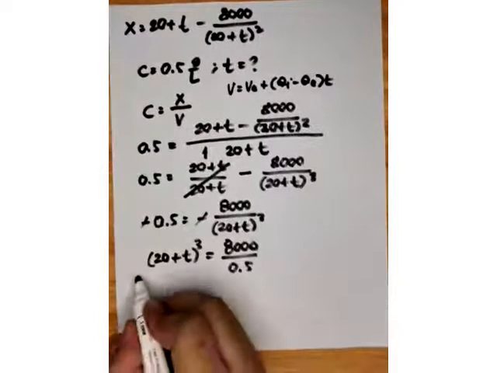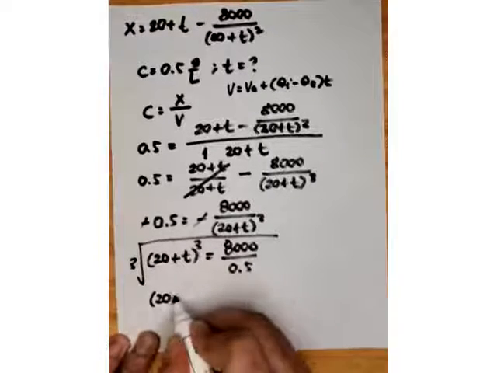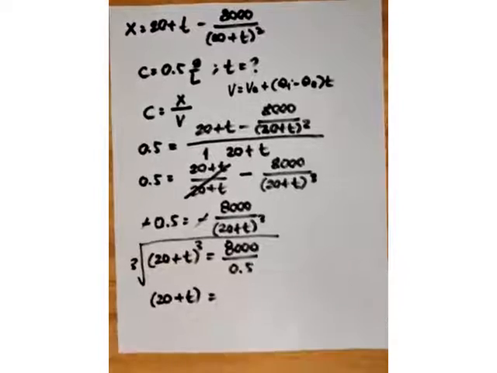And then we perform cube root. So 20 plus t is equal to 8,000 divided by 0.5. And then cube root.